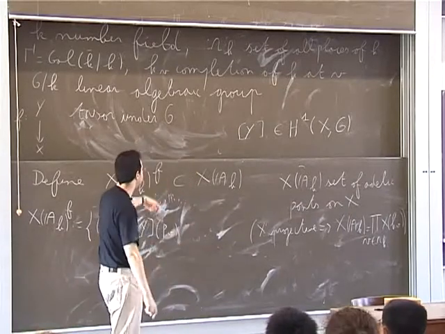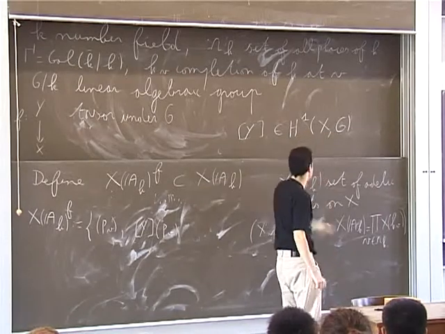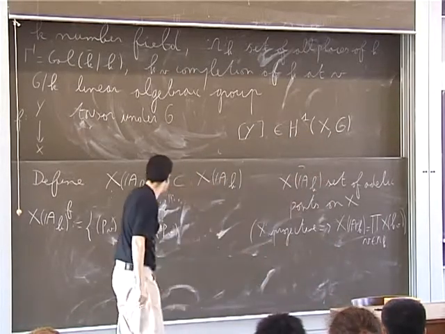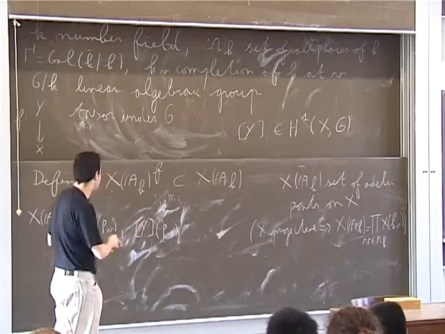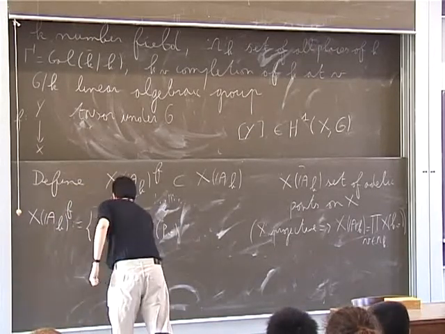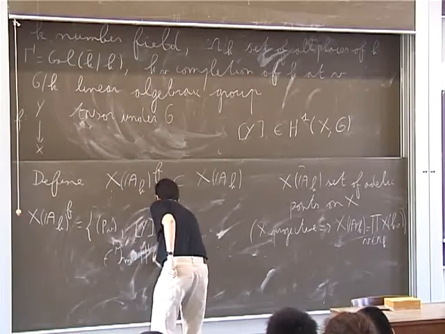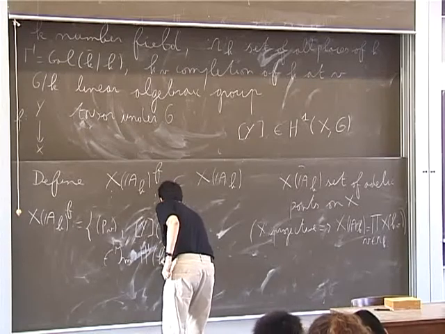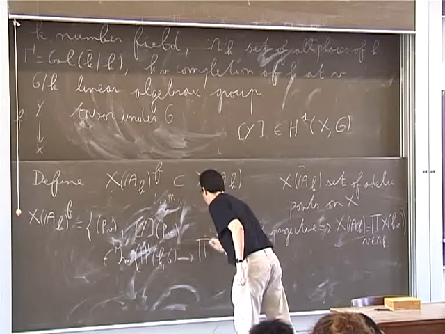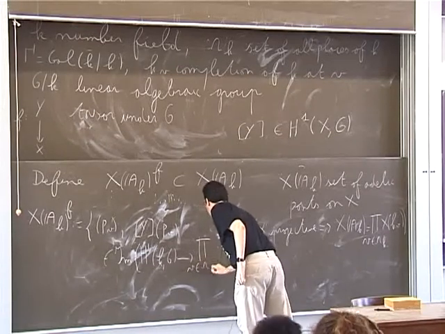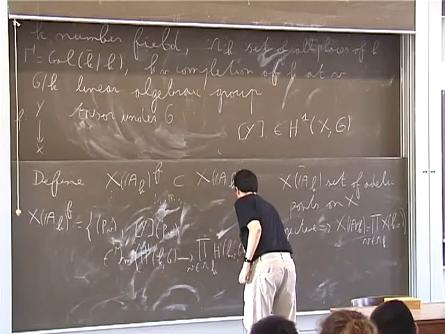So this is an element in the product of all Galois cohomology sets H1 of K_v, G. And what you demand is that this family of cohomology classes comes from one global class. So this has to be an element in the image of H1 of K, G going to the product for all v of H1 of K_v, G.